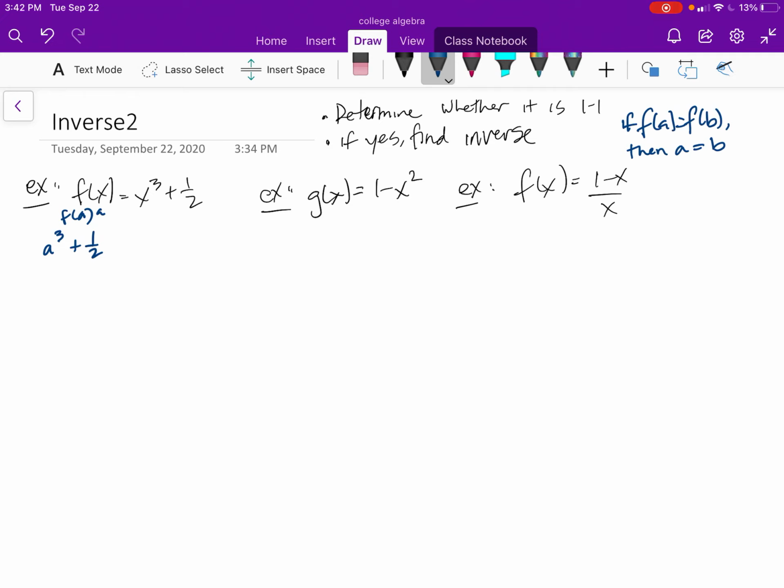Make it equal to f of b, which means substitute b in for x. So if this is true, and I do some work and I end with a equals b, then that means that this function is one-to-one.